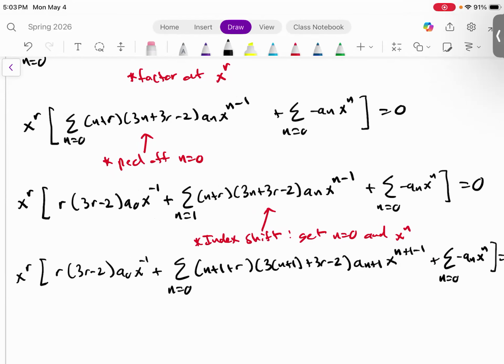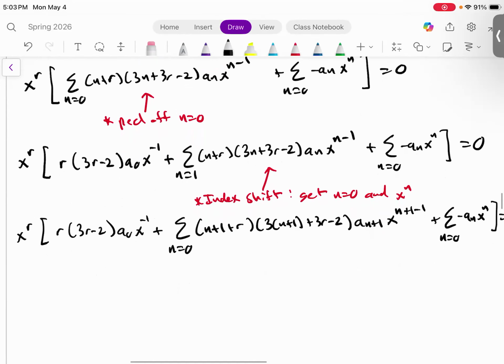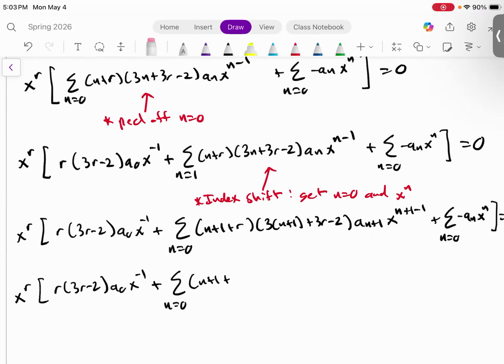So that's us index shifting. And it works out great because what we end up with is exactly what we want. Power series n equals 0, n plus 1 plus, well, let me rearrange this. That's a little awkward.